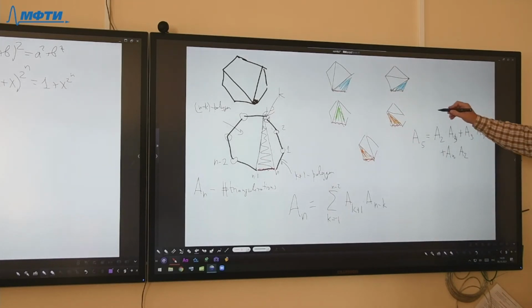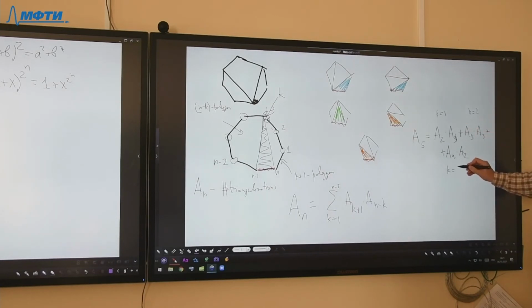This is for k equal to 1, this is for k equal to 2, and this is for k equal to 3.